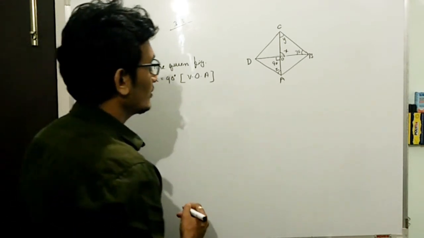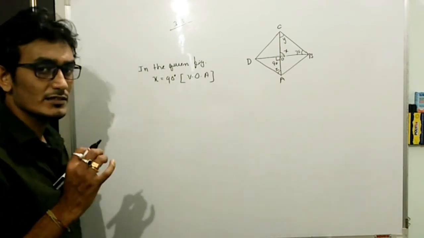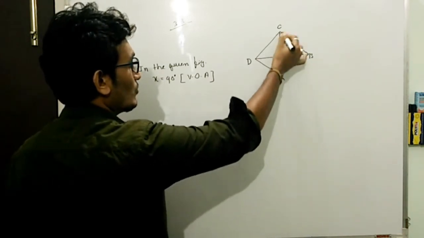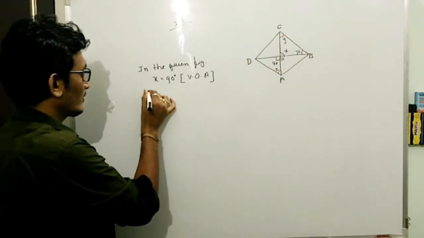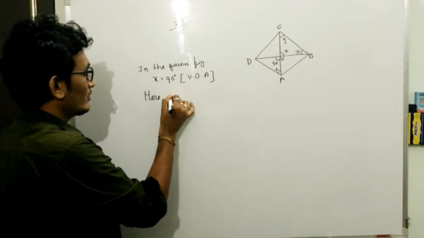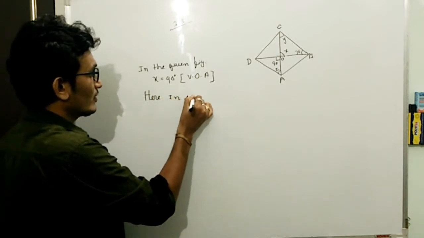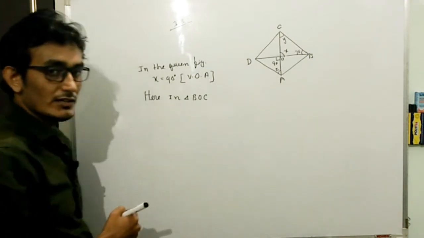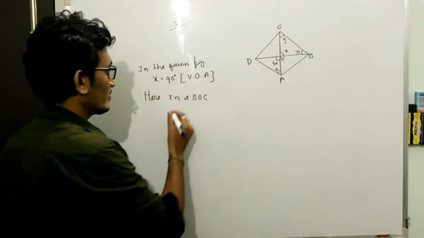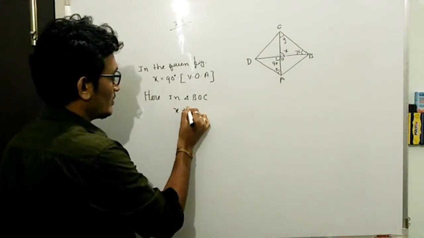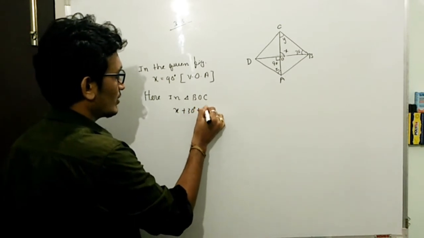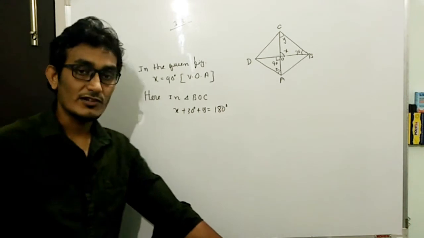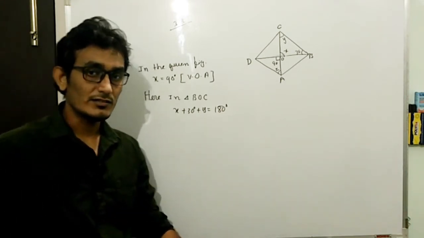Now we need to use the angle sum property of a triangle. In triangle BOC, we can use the angle sum property. X plus 30 plus Y equals 180 degree, because in a triangle the sum of all three angles is 180 degree.